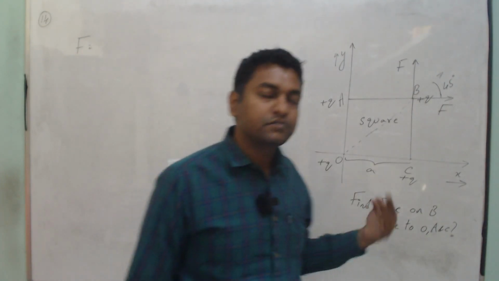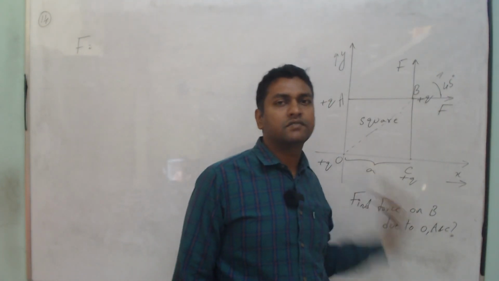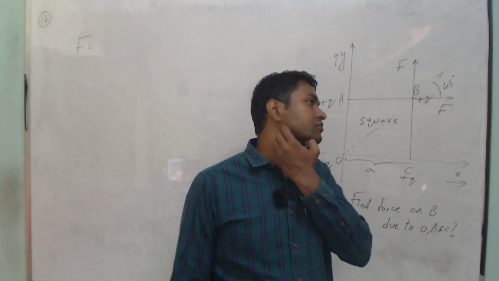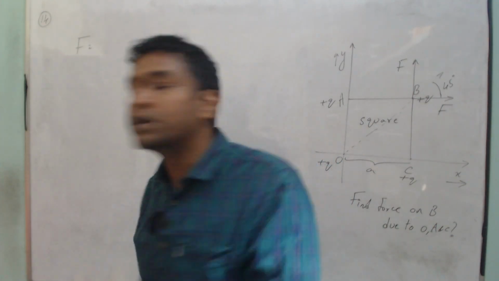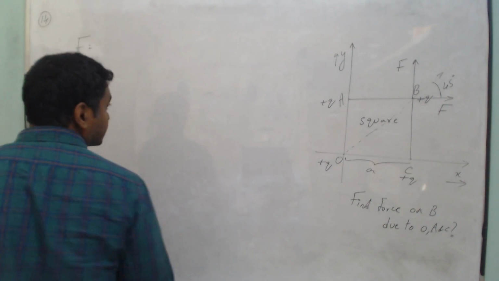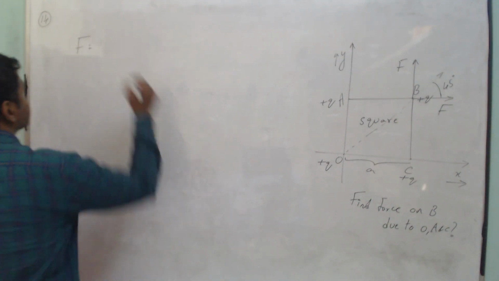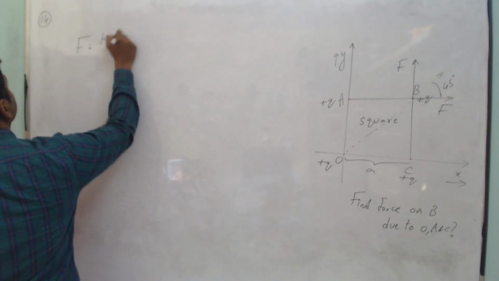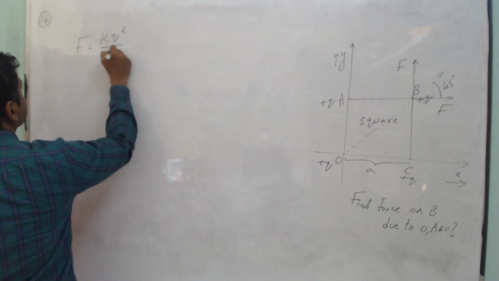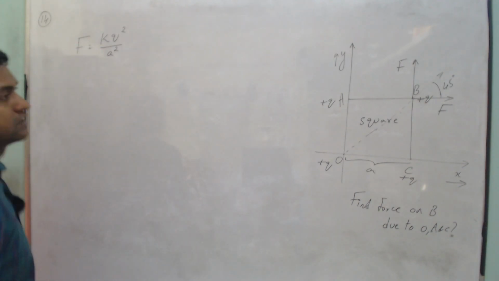In earlier questions, distances, charges, everything was the same, so we had no problem. But if distances are different, we need to figure out the magnitude part first. So I will write F as kq square by a square, correct?